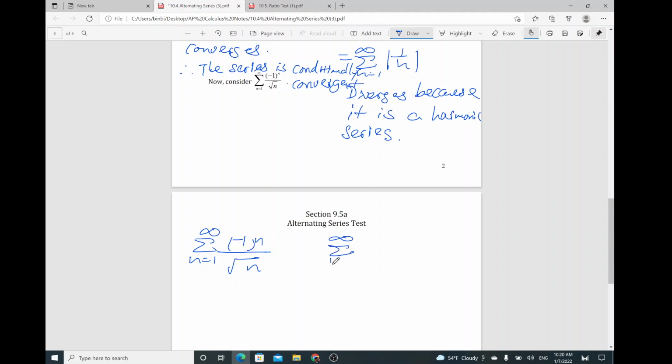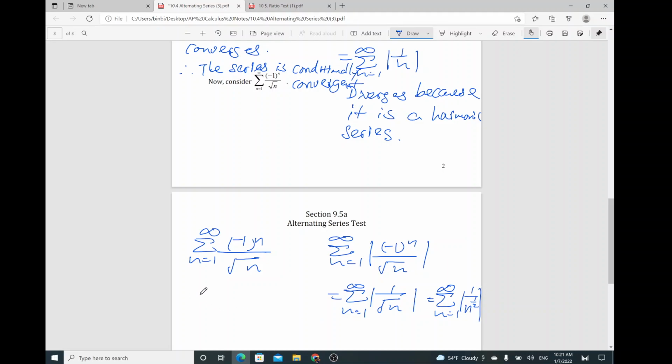The absolute value of (-1) to the power of n over the square root of n. Again, (-1) to the power of n is just an indicator for alternating the sign, so with the absolute value it's always going to be positive. What we got here is the absolute value of 1 over root n. Let's rewrite it, since it looks like a p-series: 1 over n to the power of 1/2.